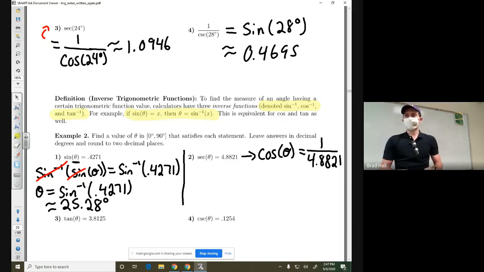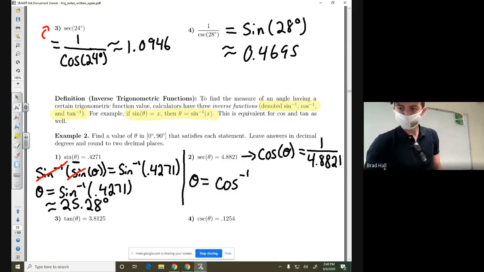You are perfectly allowed to do this at any point if you have an equation. As long as you reciprocate one side and do the same thing to the other side, that is an appropriate algebraic operation. But the only reason I did that is so we could take cosine inverse and get the angle by itself.